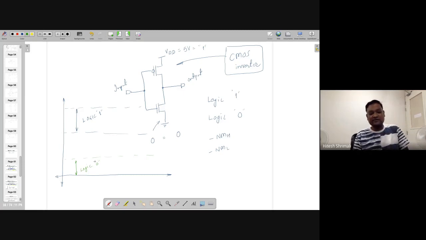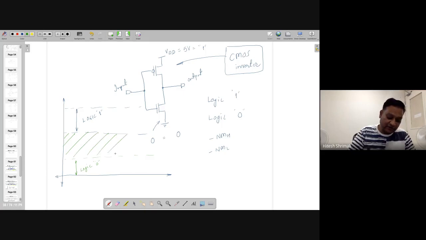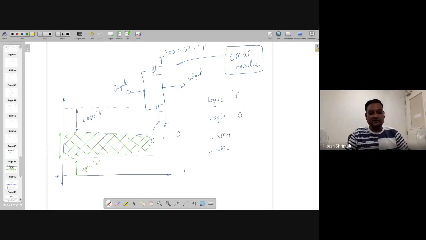Not only is some part of the voltage considered digital logic 1 or 0, there is also some part where it's undefined. You should not be in this region. If you are there, our circuit cannot define whether it's logic 1 or logic 0. That's how you define NMH and NML.